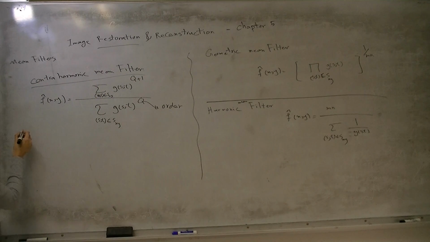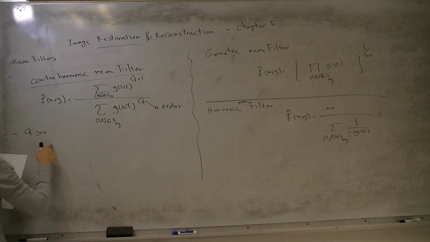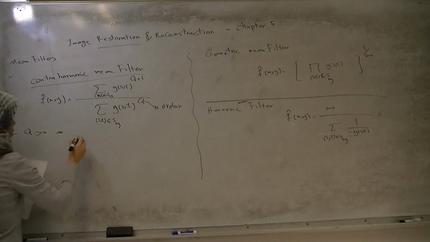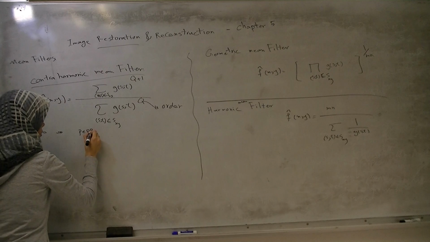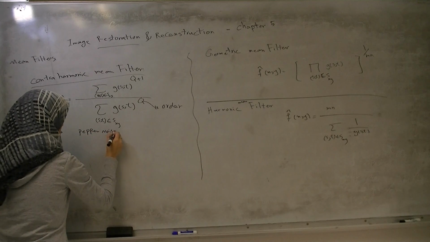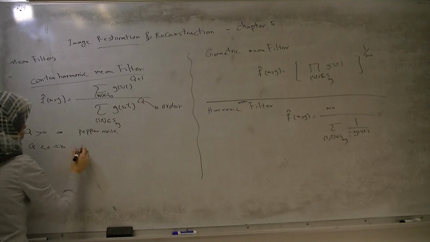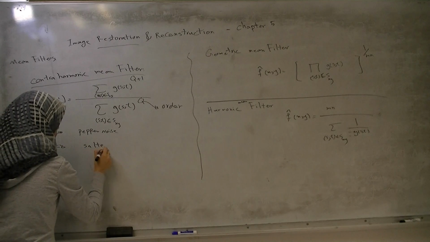And we have a condition for the Q. If Q is bigger than 0, this one can eliminate the pepper noise. And if Q is less than 0, it's good for the salt noise.